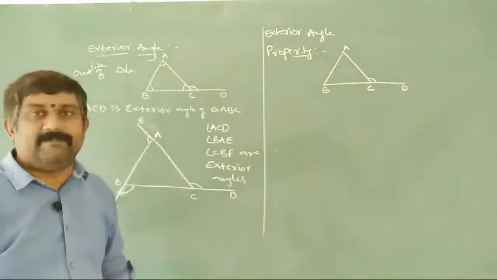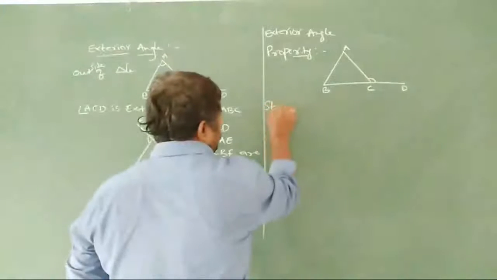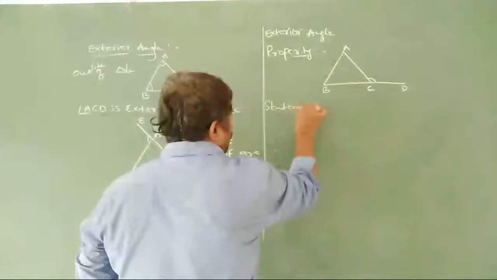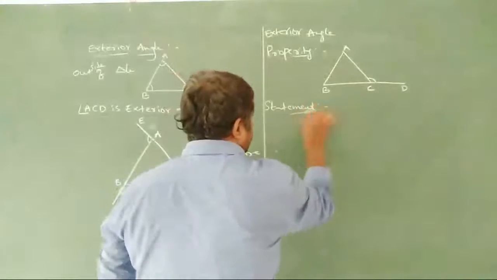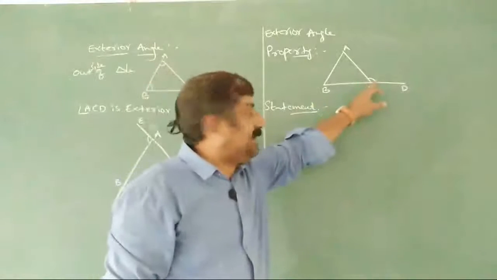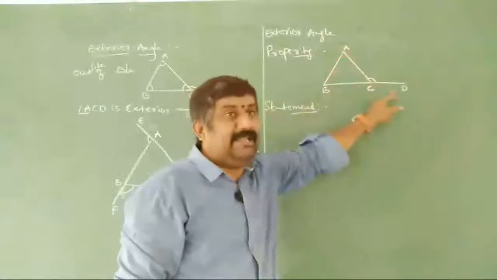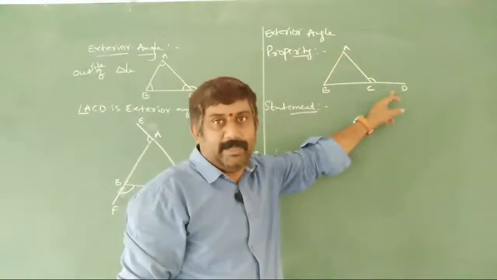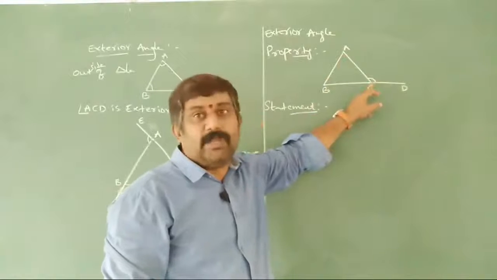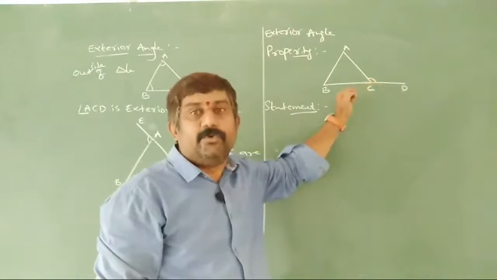What is the statement we are going to write for the exterior angle property? Observe here, this angle is an exterior angle. ACD is an exterior angle. So this exterior angle is equal to whom?